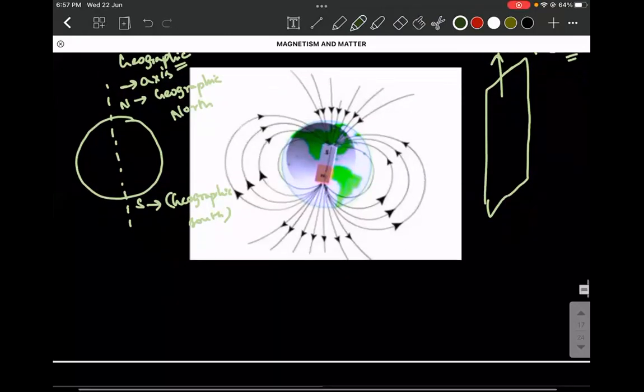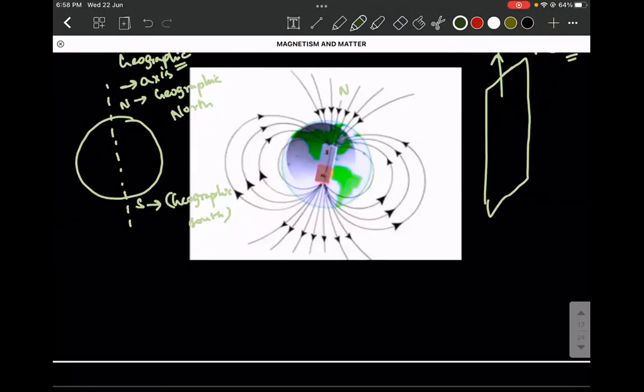Now, if you try to draw the magnetic field lines around the Earth, with this as the north pole and this as the south pole, you can observe that the magnetic field lines start from the geographic south and go towards the geographic north.